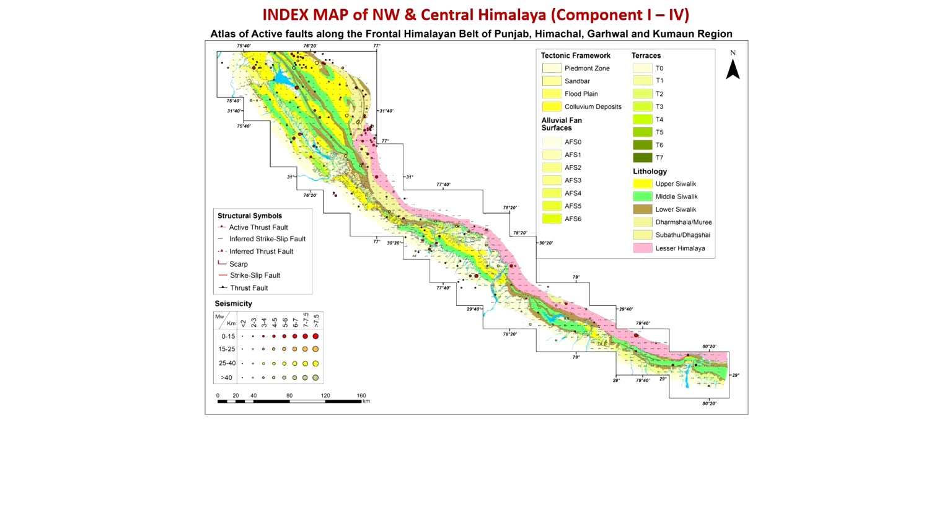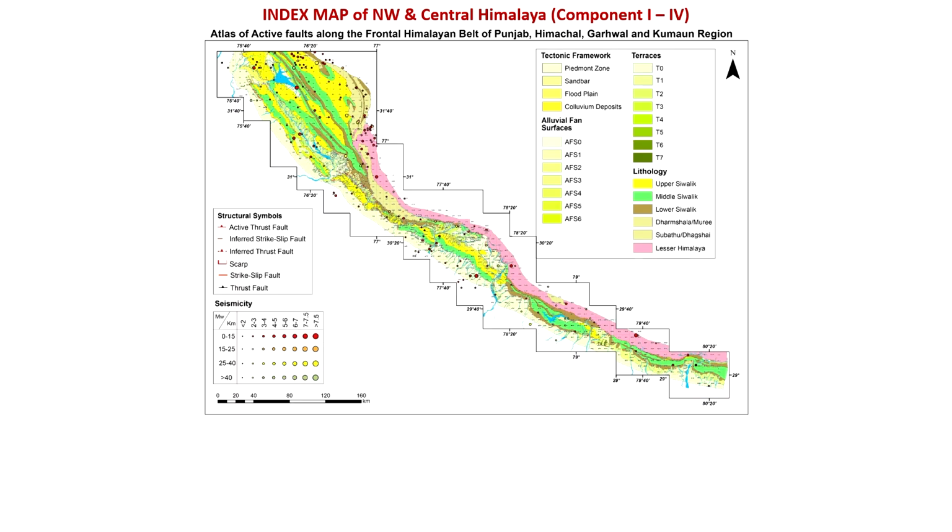Now, the generation of maps. This is from what we have been doing in the Himalayas, particularly the Kumaon Garhwal Himalaya and then the Punjab Himachal Himalayas. We have generated very high resolution maps, and everything has been put on the GIS platform, which includes the different levels of terraces and alluvial fans.